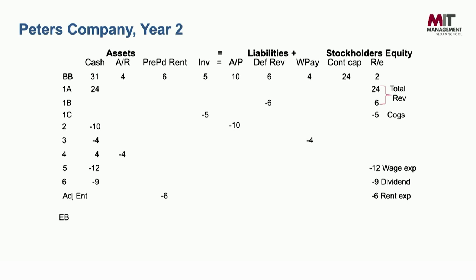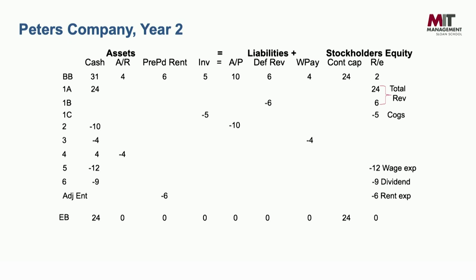Now remember, this is, at least in concept, an Excel spreadsheet. So now what we want to do is add all the columns down and make sure that assets equals liabilities plus stockholders' equity. So ending balance, we've got $24,000 in cash, and we got the $24,000 in contributed capital.